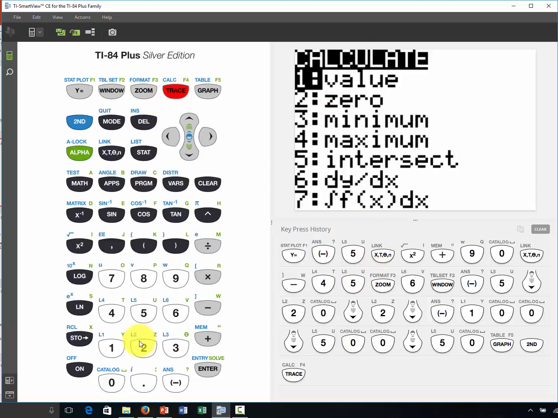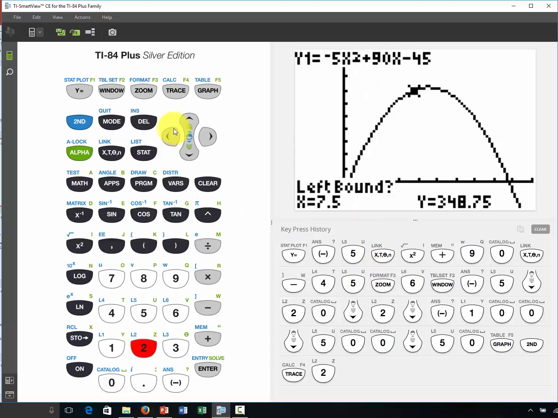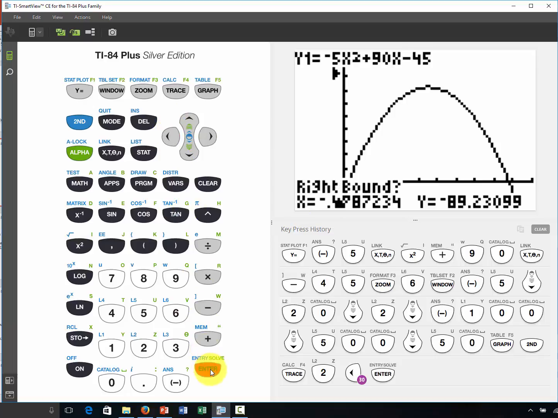Number 2. We have to give it a lower bound, so I need to go to the left, and I think any negative number will do. Okay, so now x is negative. Hit enter. Here's my little arrow.